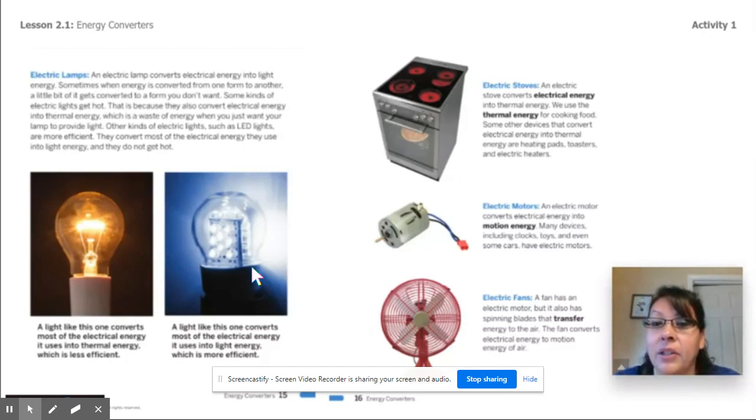Many devices, including clocks, toys, and even some cars, have electric motors. Electric fans. A fan has an electric motor, but it also has spinning blades that transfer energy to the air. The fan converts electrical energy to motion energy of air.